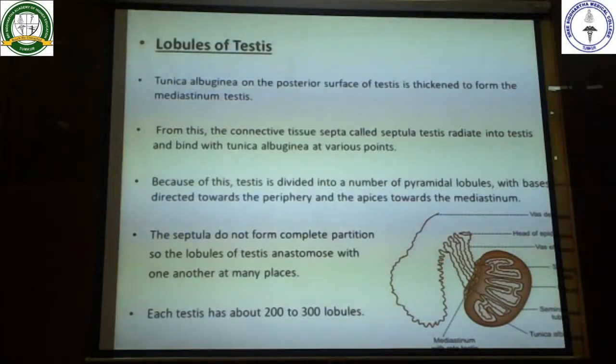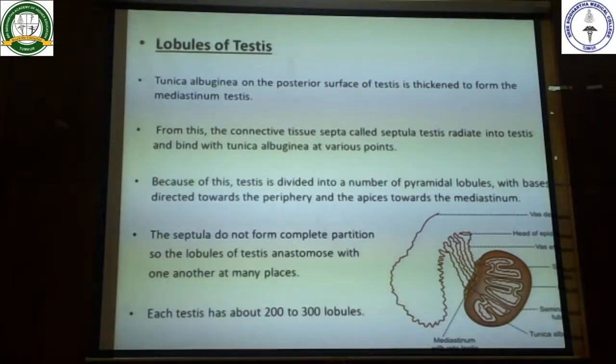We just discussed that there are 3 coverings covering the testis, and that the innermost layer is absent. The outermost layer, the tunica vaginalis, is absent in the posterior portion, whereas the tunica albuginea is present on all the portions of the testis: anterior, lateral and posterior surface.